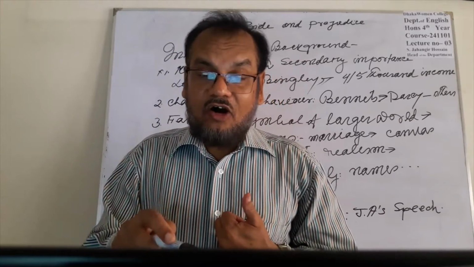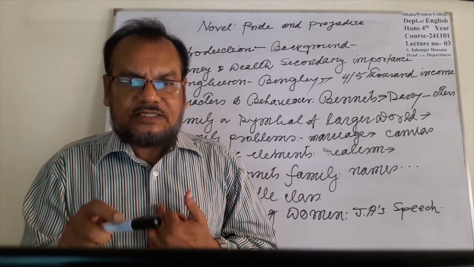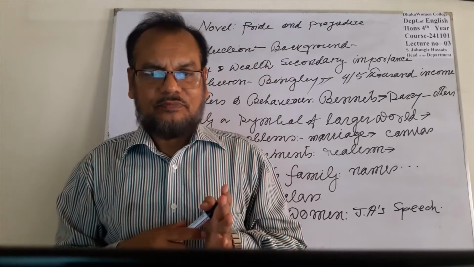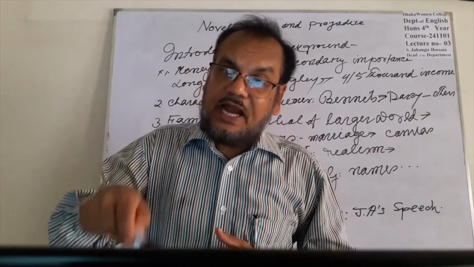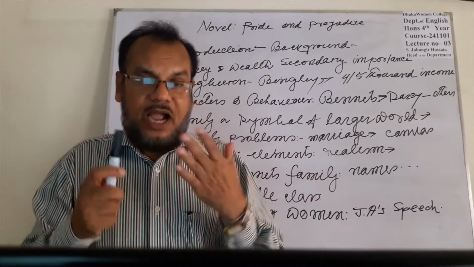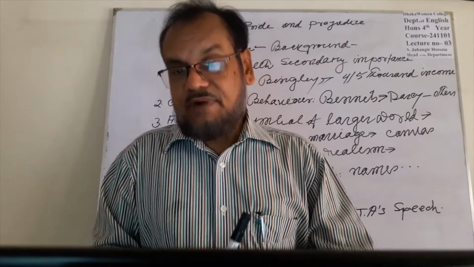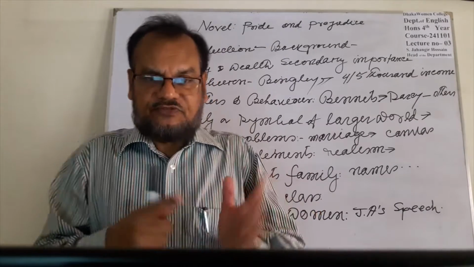Why? Because these five marriageable daughters are the picture of a large world in that family. The Bennet family is a large world. Why? Because they have these members, and these members are the future of this family.